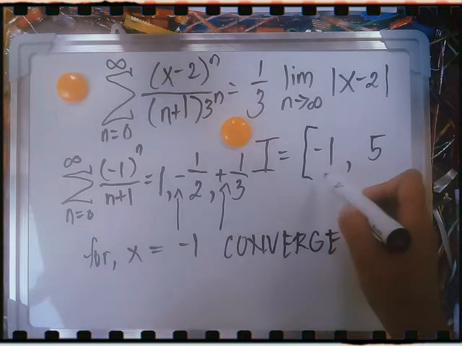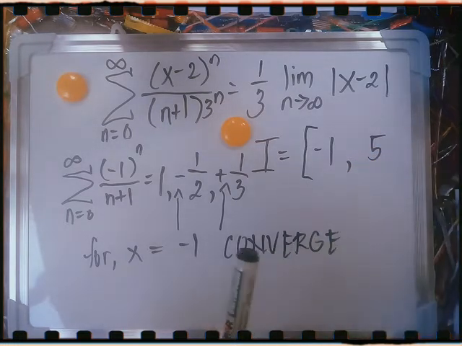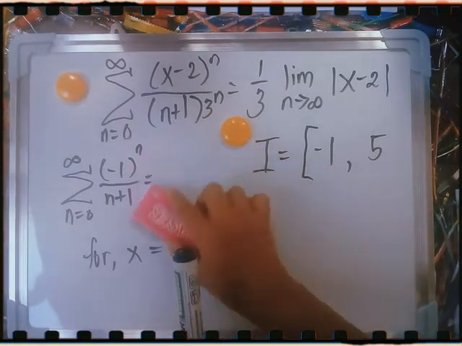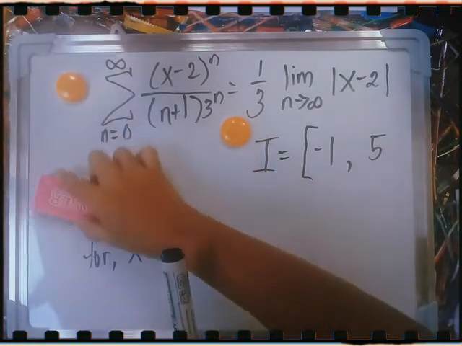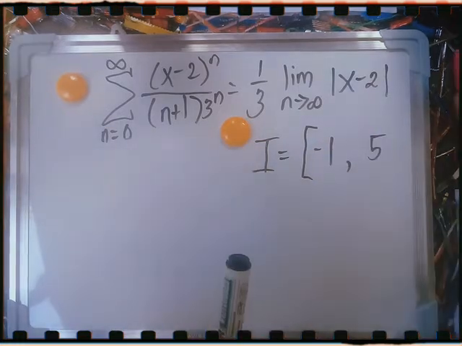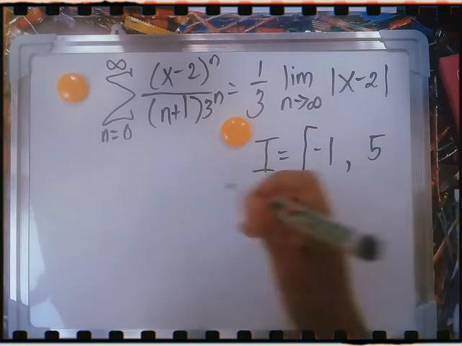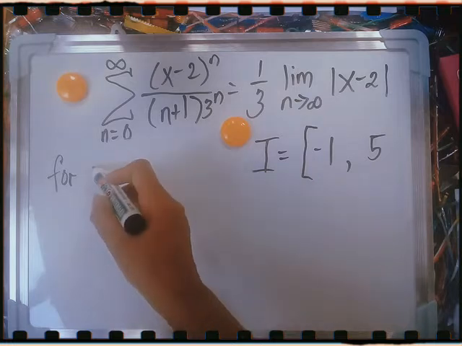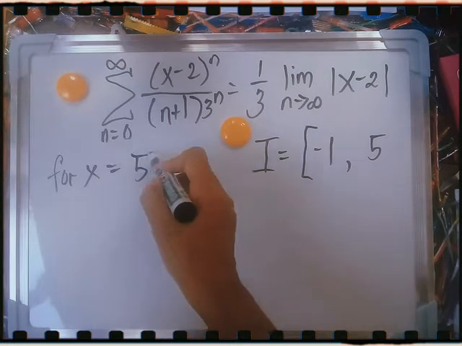We have brackets here, and when it diverges, we'll put a parenthesis. So let's try the other values of x. For x is equal to 5.